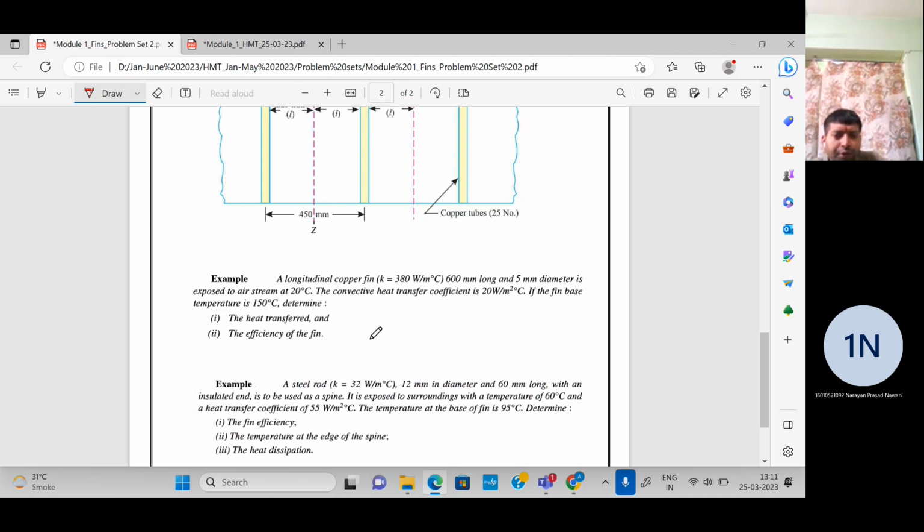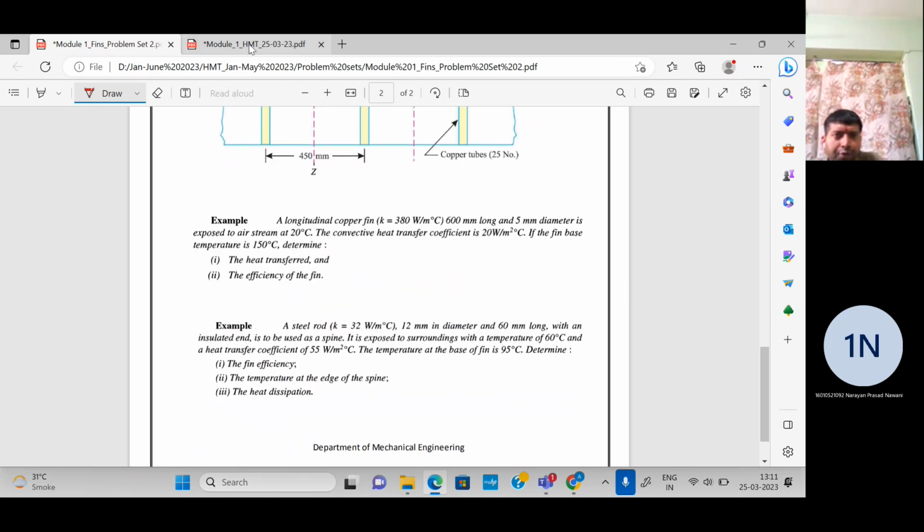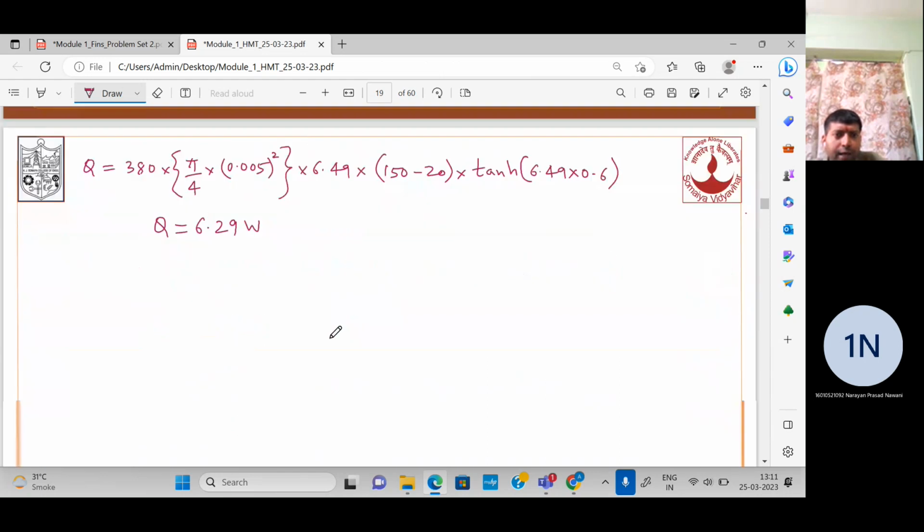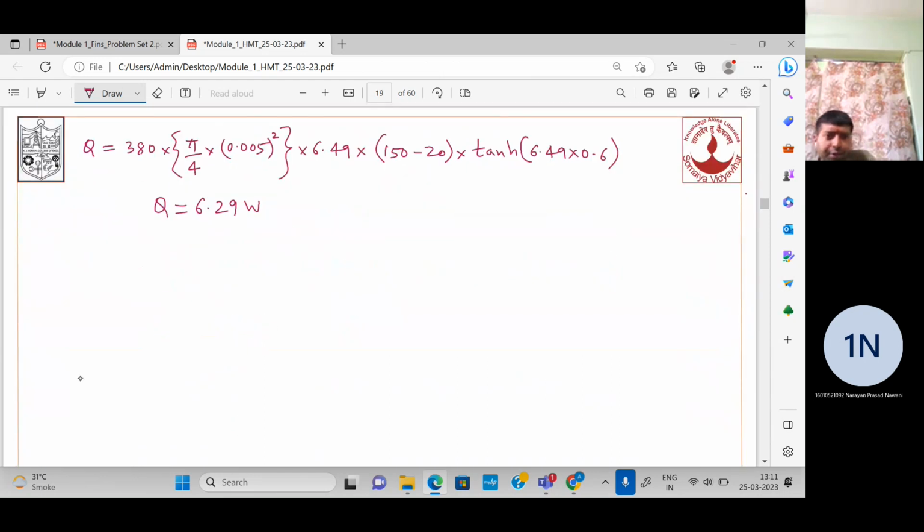Okay, so heat transferred we have calculated. Now we have to calculate the efficiency of the fin. The expression for calculating the efficiency of the fin for case 2, where the fin is having finite length and insulated at the tip, is tanh(mL) divided by mL.